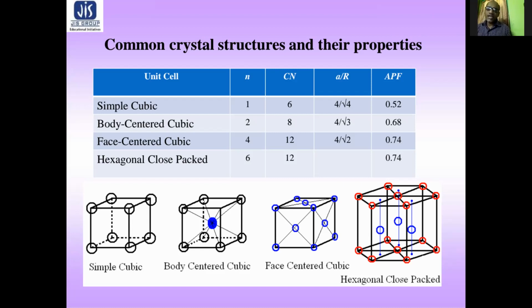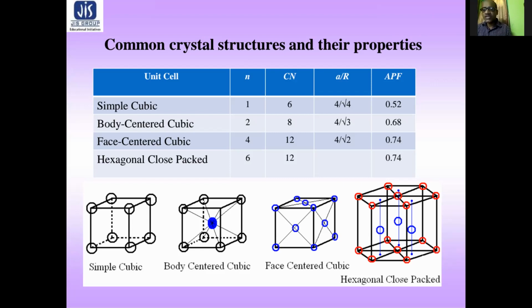It is noted that in a simple cubic structure, a total of 8 corner atoms are there. So each atom in a unit cell is shared by 1 by 8. In a body centered cubic, along with 8 corner atoms, 1 atom is fully inside the unit cell.